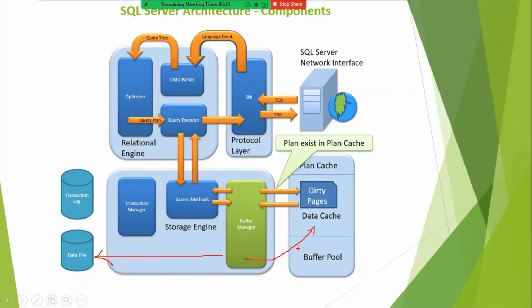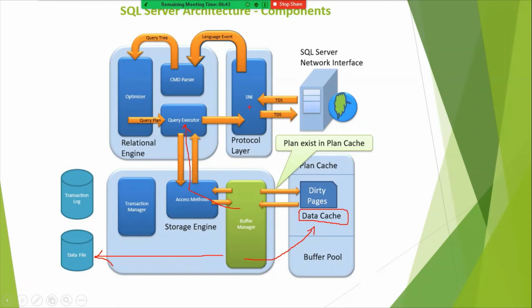Once the pages are available in the data cache, the results will be retrieved. For example, let's say you have 19,000 records. Those records will be retrieved and sent to the access method, and from the access method back to the query executor.